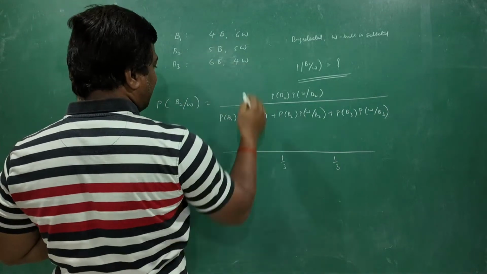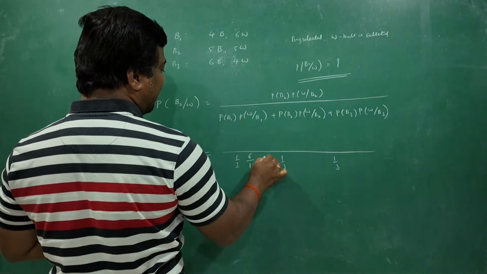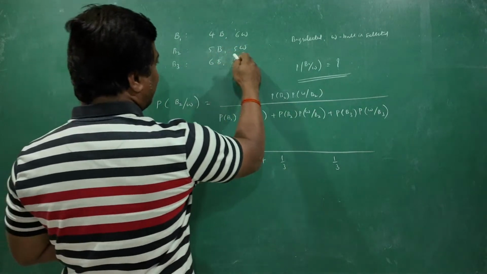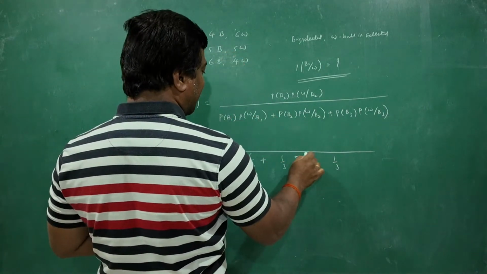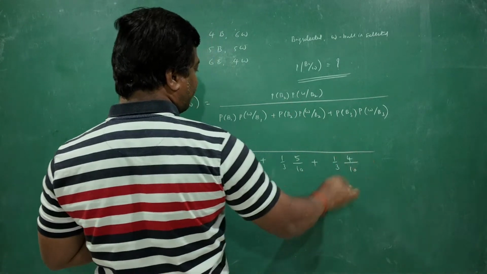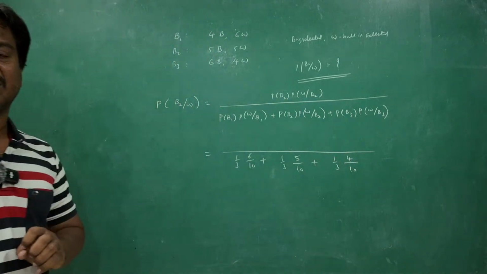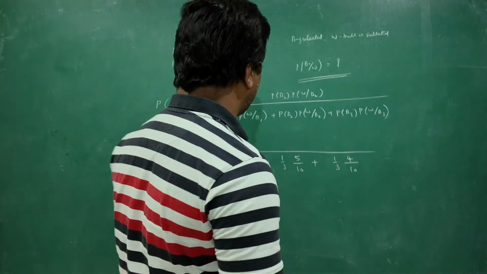Actually there are a total of 10 balls, out of which only 1 white ball is selected, 6 by 10. Next, there are 10 balls, only 1 white ball is selected, so it is 5. There are a total of 10 balls, only 1 ball selected, so 4 chances are there. Right? 10C1, 6C1, 10C1, 5C1, 10C1, 4C1.